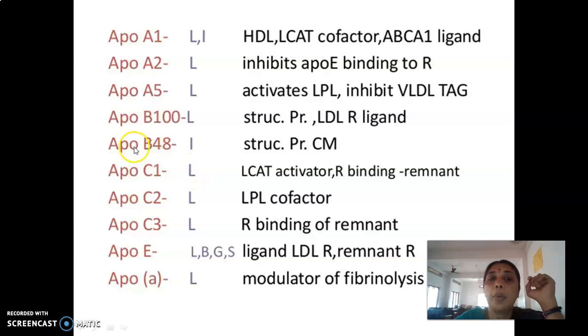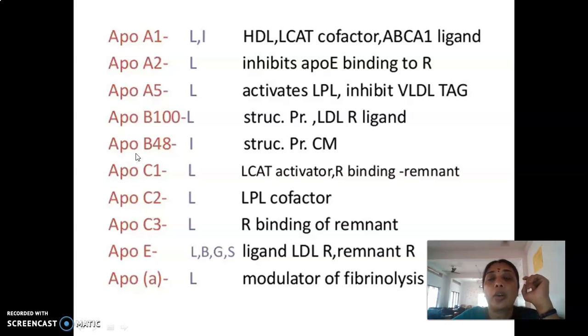I have told you ApoB48 is synthesized in the intestine. ApoB48 is synthesized only by the intestine. In all the other cases, the liver is the synthesizing site, but ApoB48 is synthesized individually by the intestine. The intestine is the only site where ApoB48 is synthesized.